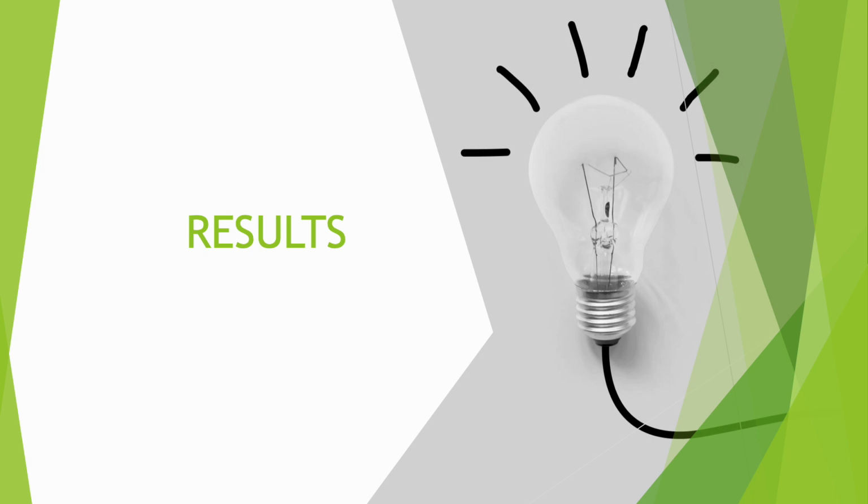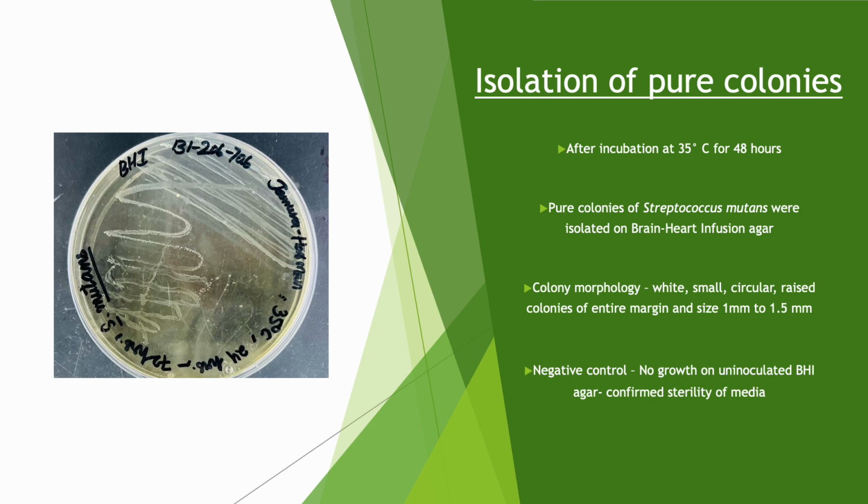Now I'll unfold the results we got from this experiment. Like Harman mentioned before, the test organism in this experiment is Streptococcus mutans. At first we isolated pure colonies of Streptococcus mutans on brain-heart infusion agar.